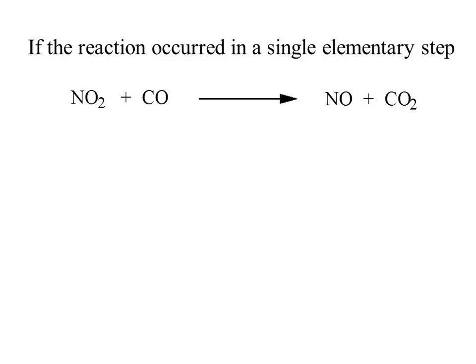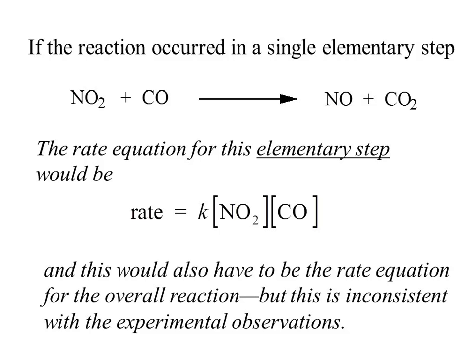So this just says if it did occur in one step, which it doesn't because they told us it's 2 elementary steps, then we could use molecularity and we definitely wouldn't come up with the observed rate law expression. I don't want to throw you off, but this is not what they observed. They observed it to be second order for NO2, 0 order for CO. It's not an elementary reaction. It doesn't occur in one elementary step.